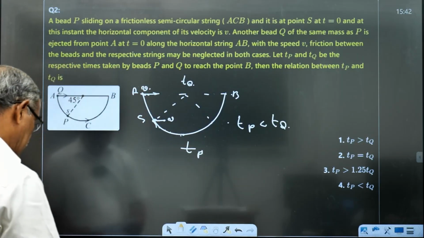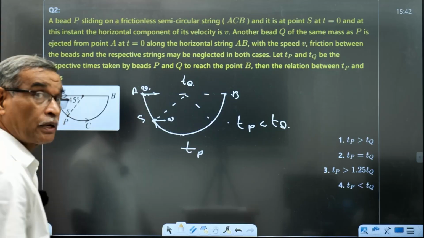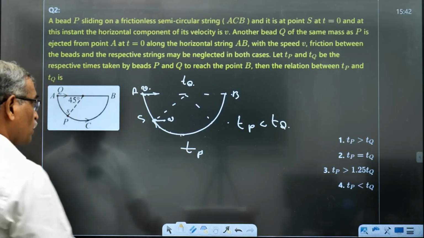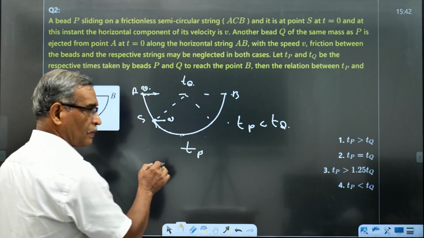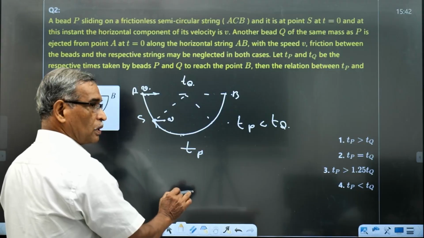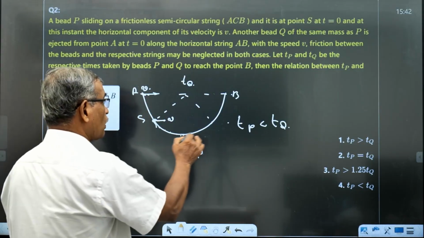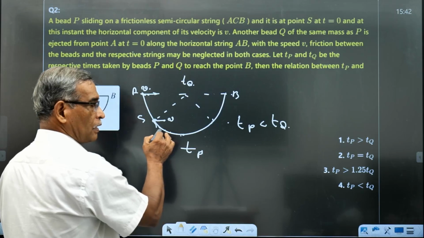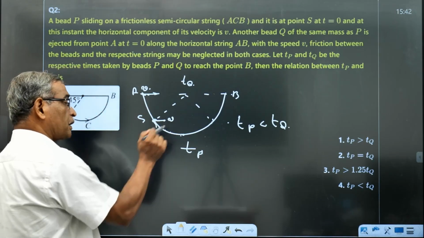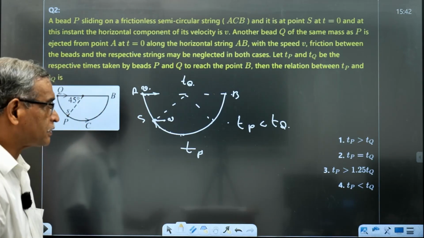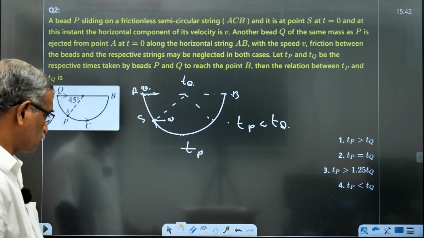That's okay, we can get it by this argument, because here the horizontal speed is much more than this one. For the major part of the journey, the horizontal speed is more for this particle, and therefore the time will be less. Therefore, Tp is less than Tq.